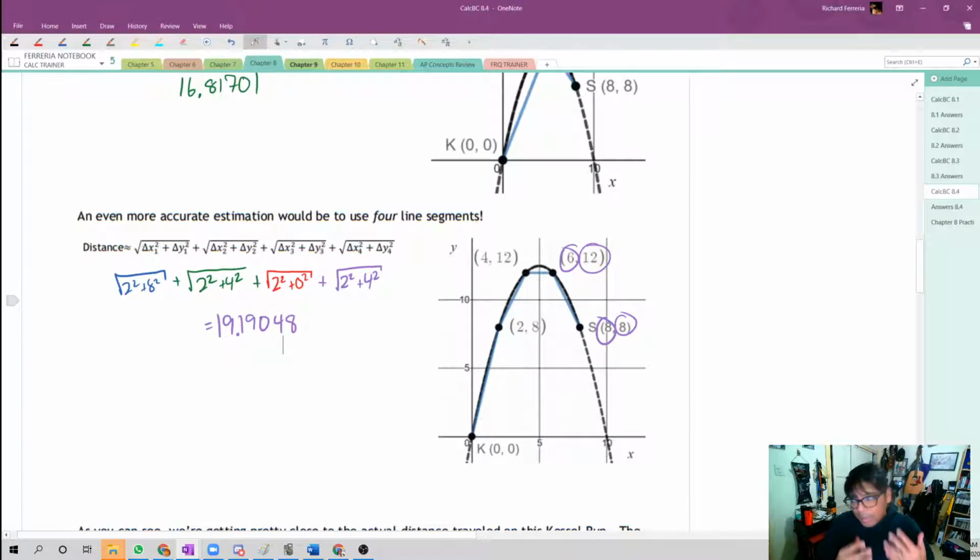So you might think that we're exhibiting some kind of limiting behavior, and you would be right. There is a limit that's going on here. As we add more and more points, the limit of all of these distance formulas added together is going to be the actual distance along the actual curve.